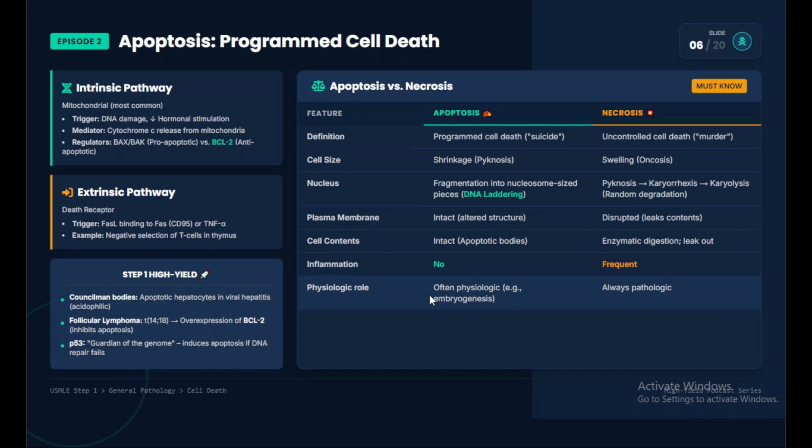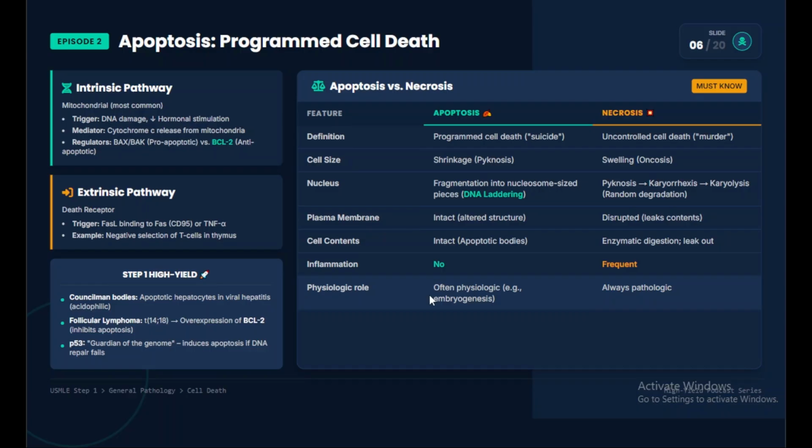You might have studied in your pre-med that the webs of the fingers in the embryo degenerate during embryogenesis via apoptosis. And necrosis is always pathologic, it is not physiologic. There are a few quick clinical proofs that apoptosis is physiologic.